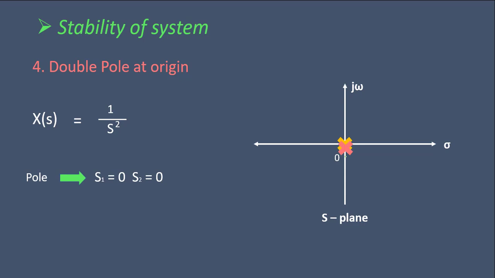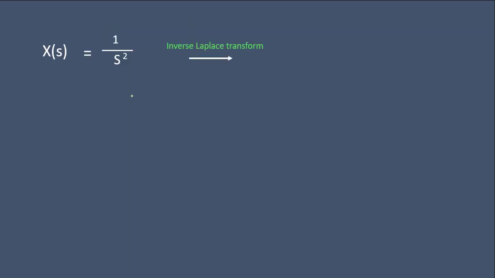Now let us see whether this is a stable, unstable or marginally stable system. Again, to check the stability, first we will find the inverse Laplace transform, that is, we will find the value of x(t). So the inverse Laplace of 1 by s square, we know, is a ramp signal r(t).